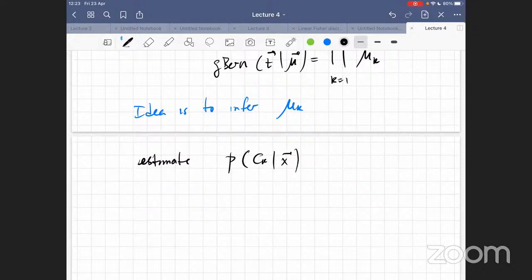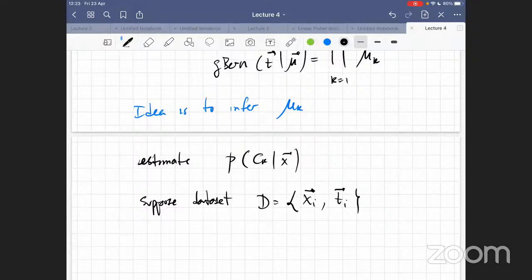Imagine that you have a data set, which consists of some d-dimensional input space, and for each input I have this binary vector t i, for i from 1 to n.